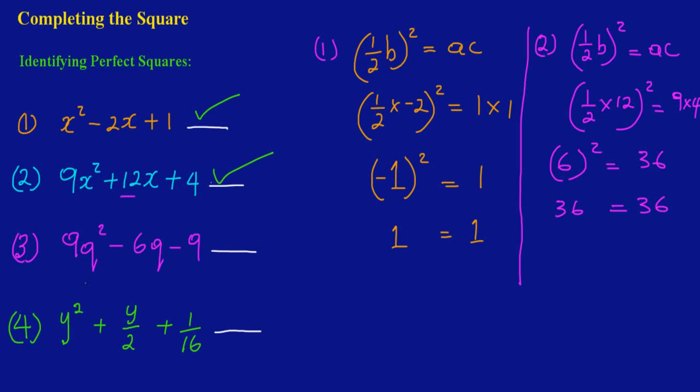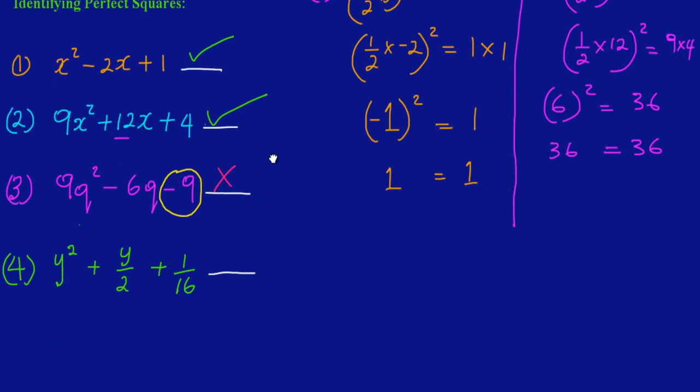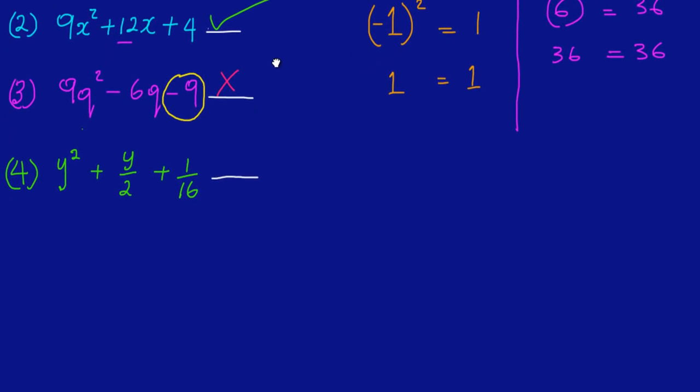However, when I look at my c, I notice here in my c I have a negative 9, and we had stated earlier, in the previous video rather, that if c or a is negative, it doesn't matter which one, then it will not be a perfect square. Okay, all right, so we have looked at those. Let's clear the way, and let's work through number 4.